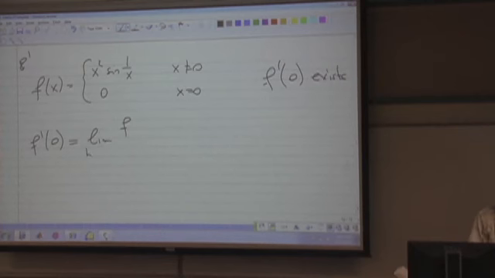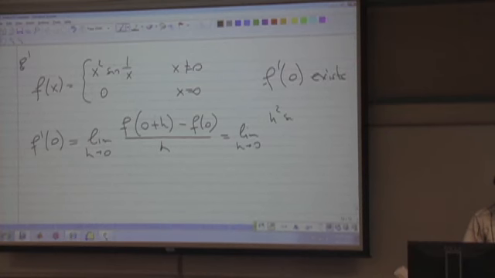The limit as h goes to 0 of f of 0 plus h minus f of 0, divided by h, is equal to... f of 0 plus h is just f of h, so that will just be the limit as h goes to 0 of h squared times sine of 1 over h, minus f of 0, but f of 0 is defined to be 0, so that doesn't show up anymore, all divided by h.